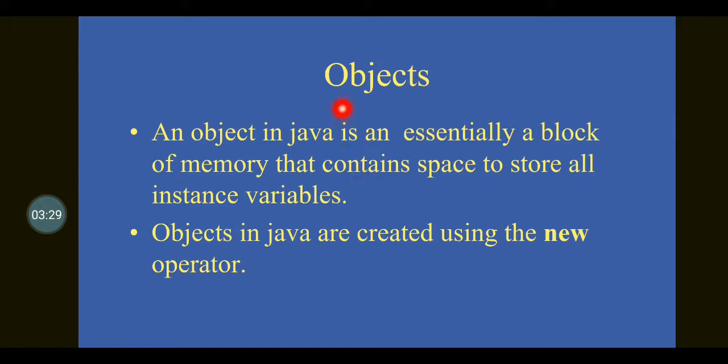An object in Java is essentially a block of memory that contains space to store all the instance variables. Objects in Java are created using the new operator. With the help of an object, it is possible to access the members available in the class, and also we can call the methods available within the particular class.